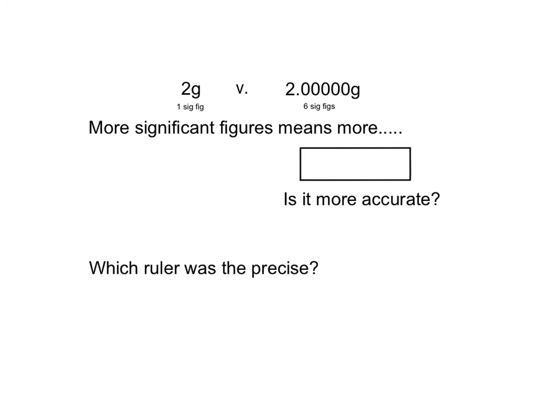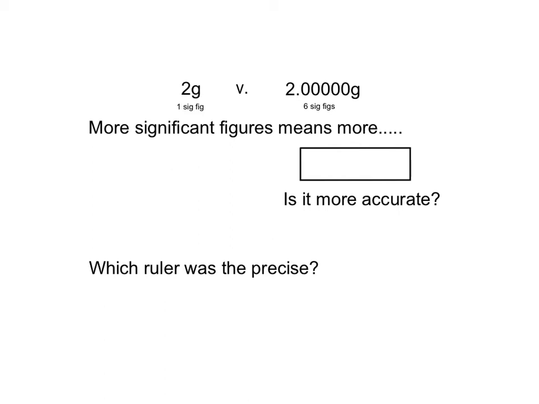So, talking about significant figures, why are significant figures important? Why do we care? Well, I have a number there, 2 grams versus 2.00000 grams. Those are effectively the same number, but having more significant figures means you are more confident in your answer.